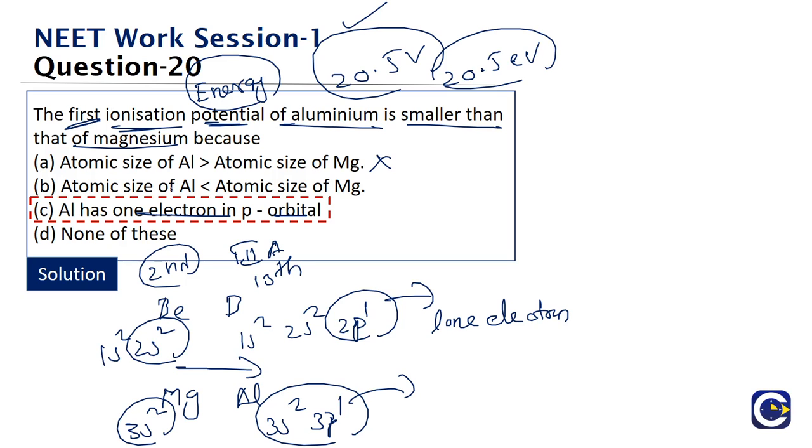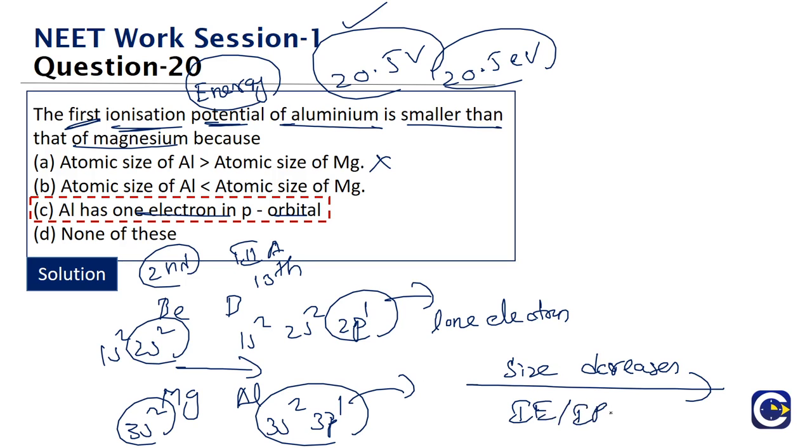Option B is saying aluminum atomic size is less than magnesium. Here, aluminum size is less than magnesium. Generally, when the size is reducing, the ionization potential values will be increasing. When you move from left to right, size decreases, hence ionization energy or ionization potential values will be increasing. That is the normal scenario. But here we are talking about the exception.